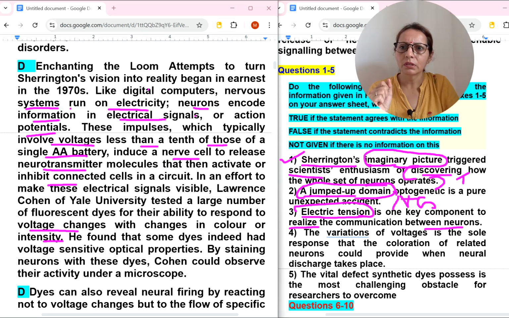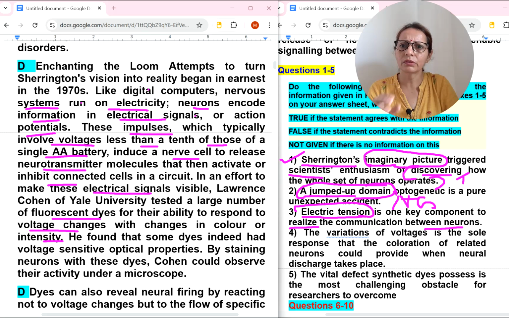Like digital computers, nervous systems run on electricity. Neurons encode information. I think they are talking about communication between neurons in electric signals or action potentials. These impulses typically involve strength. In an effort to make these electric signals visible, they tested a large number of fluorescent dyes. No, they are talking here only: like digital computers, nervous systems run on electricity, meaning electric tension is one key component to realize the communication between neurons.